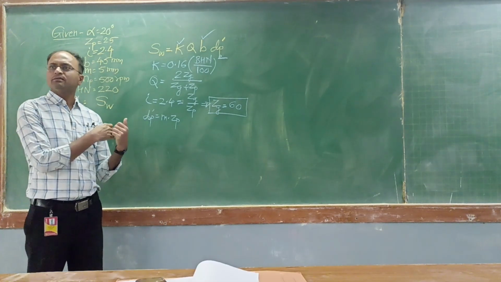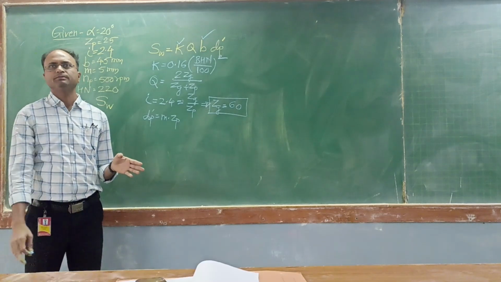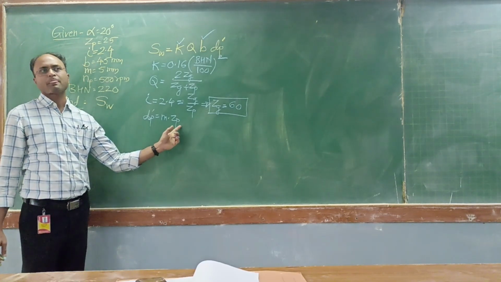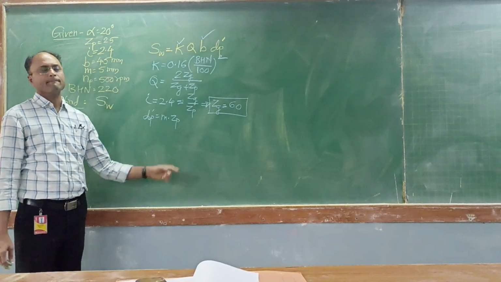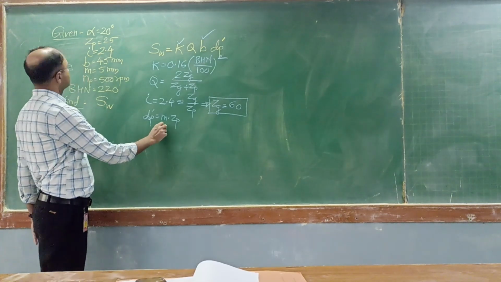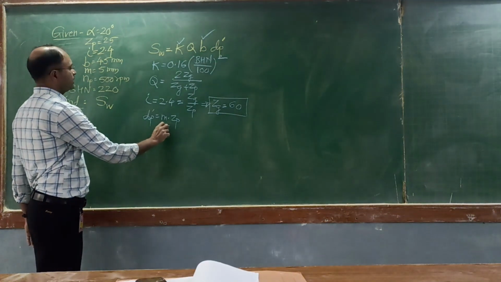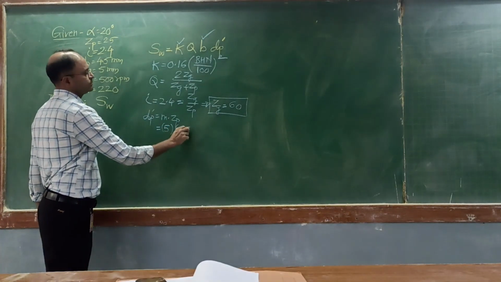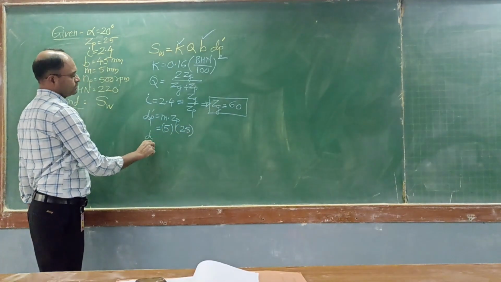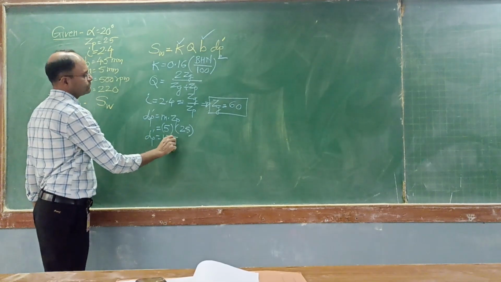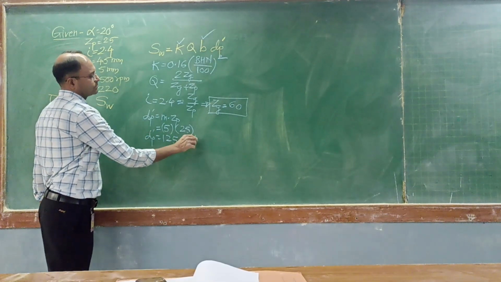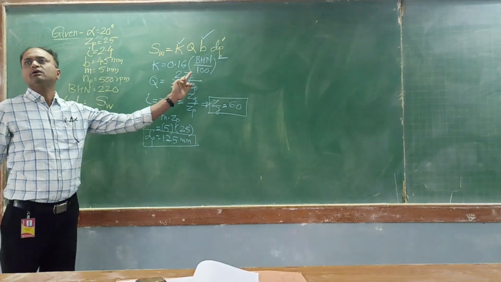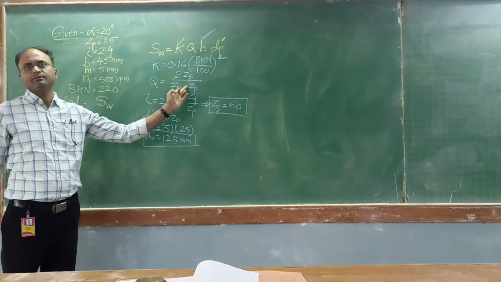If module is given, many other parameters can be found. dP dash is m into ZP. Module is 5 millimeter, ZP is 25. So dP dash is 125 millimeter. Now you need to only calculate Q, ratio factor.